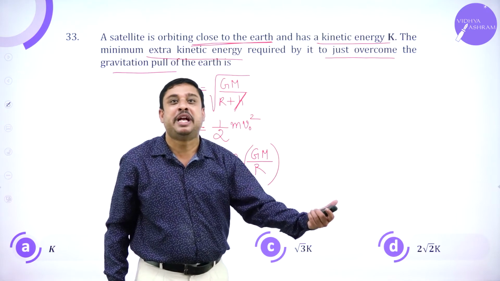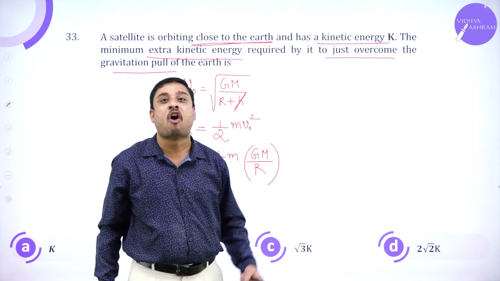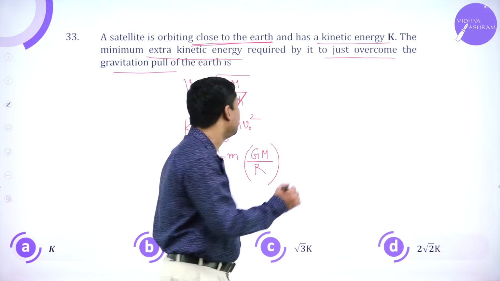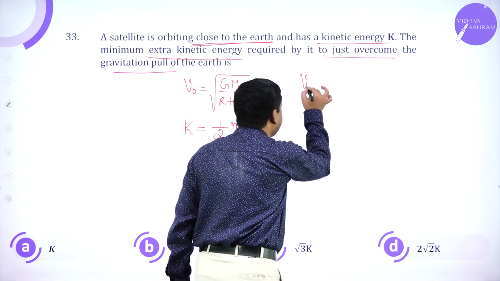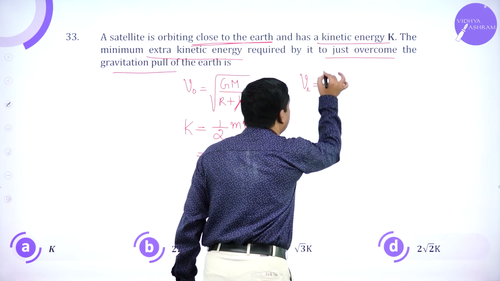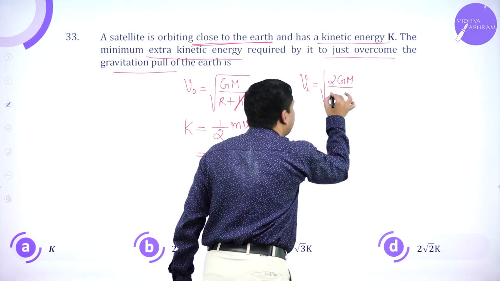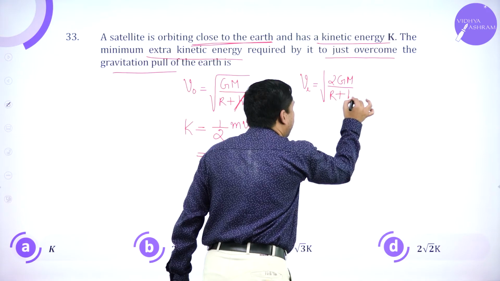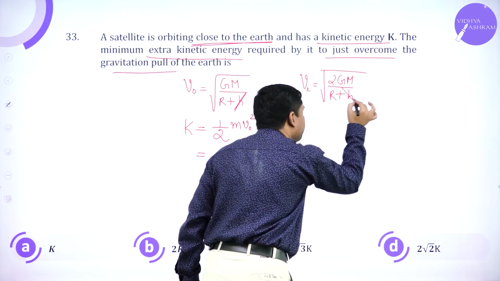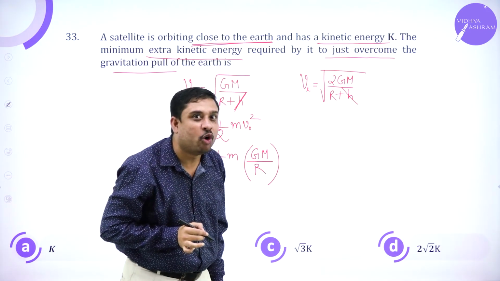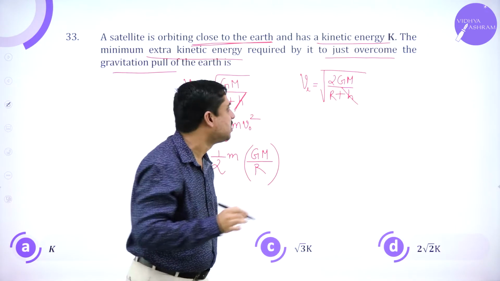What is that speed called? Escape velocity. Very good. So escape velocity is root of 2GM divided by R plus H. Again, this H is 0. Why? Orbiting very close.